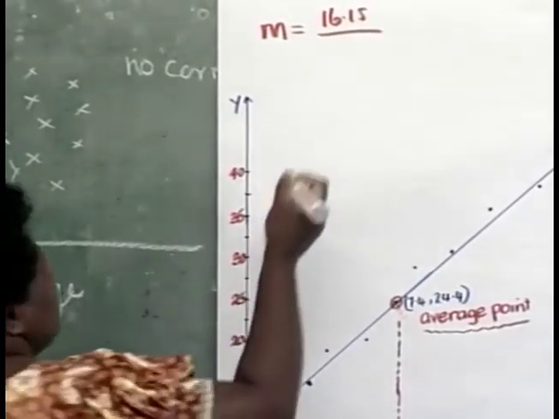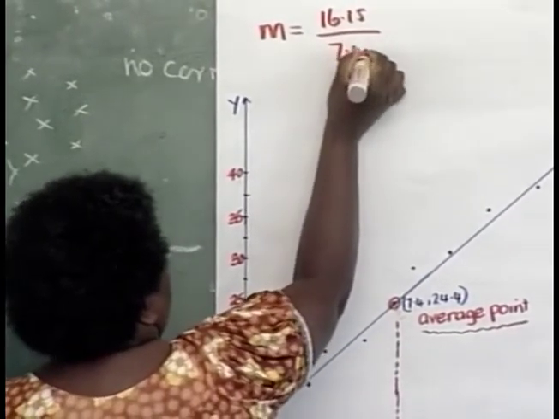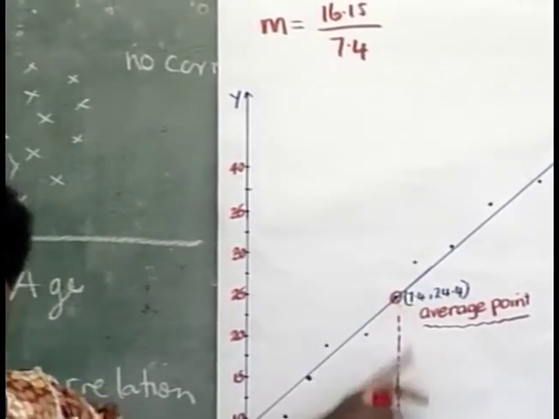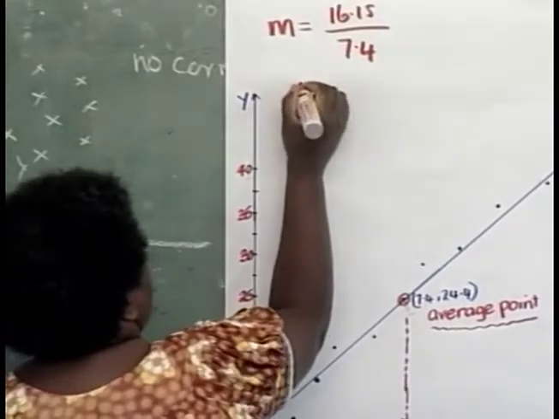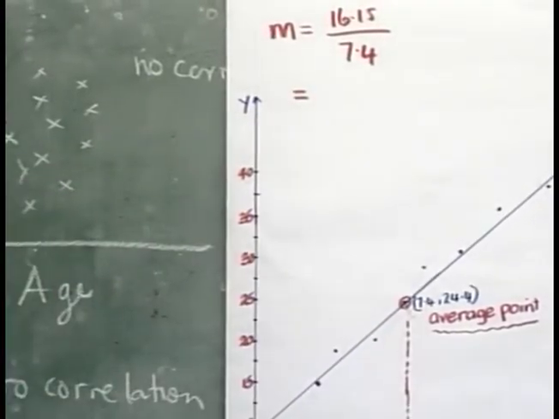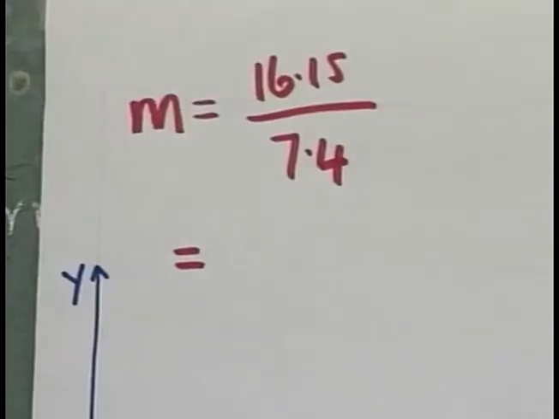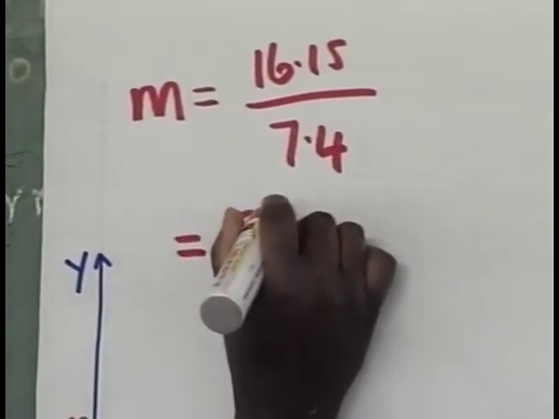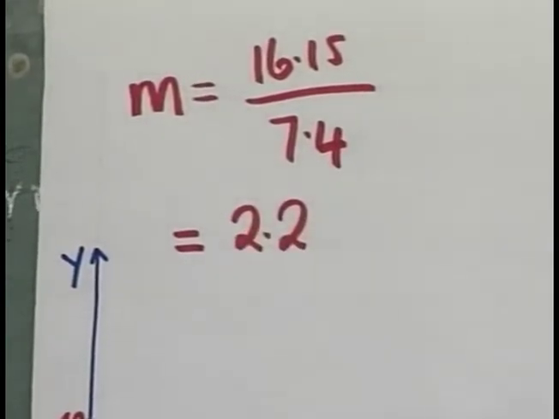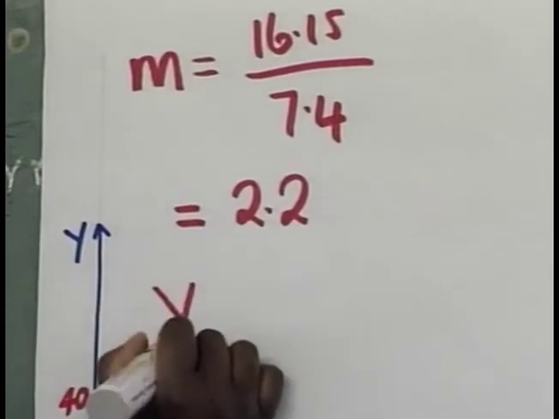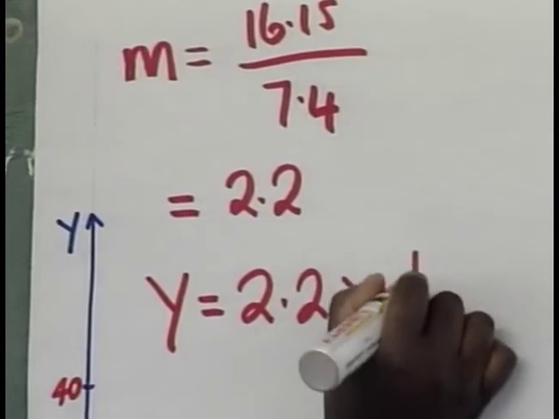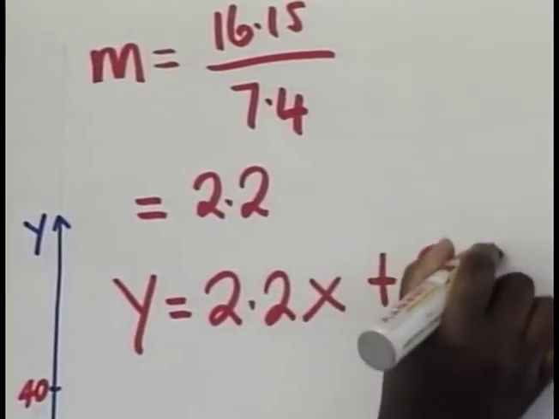The run will be 7.4 because it's from 0 to the x coordinate of this point. So 7.4. Very quickly, the gradient will be 16.15 divided by 7.4, which is 2.2. So the equation of this line will be y equals 2.2x plus 8.25.